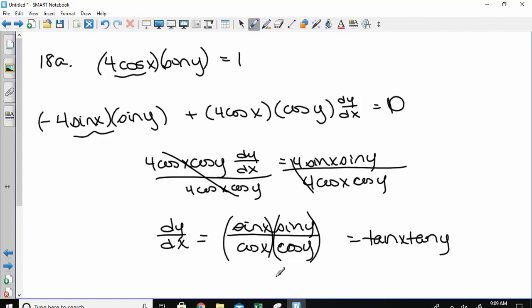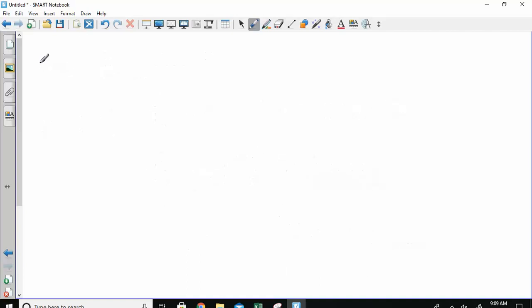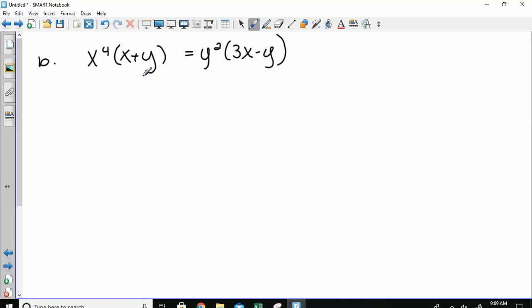Is that one good? And B. So we have to do the product rule on each side. Derivative of the first. You can, and you'll end up doing the product rule, but it's maybe one step longer, not much.